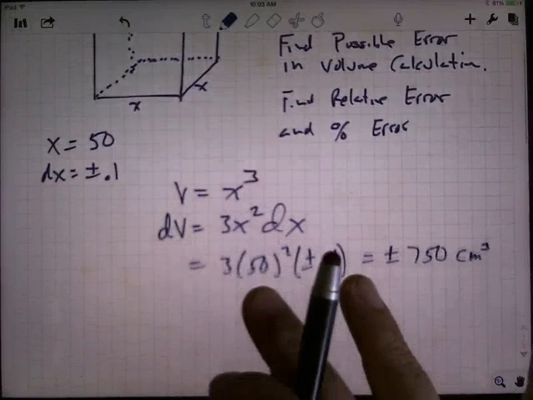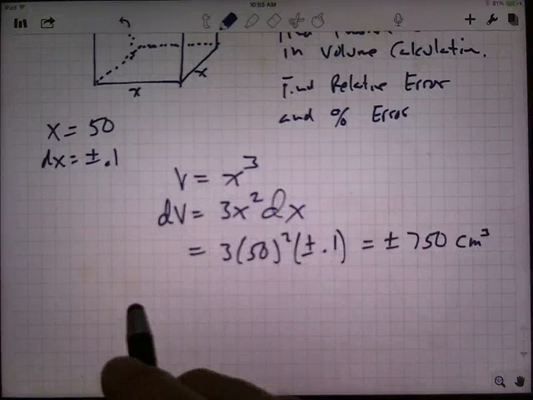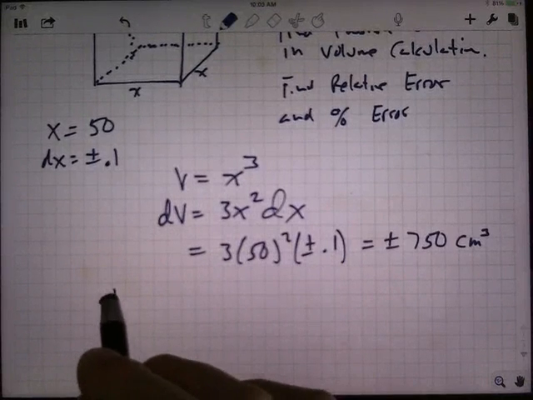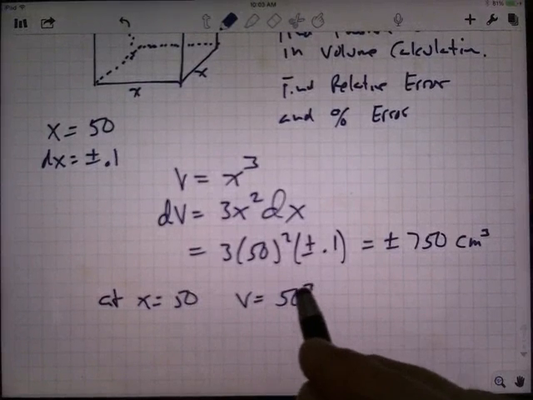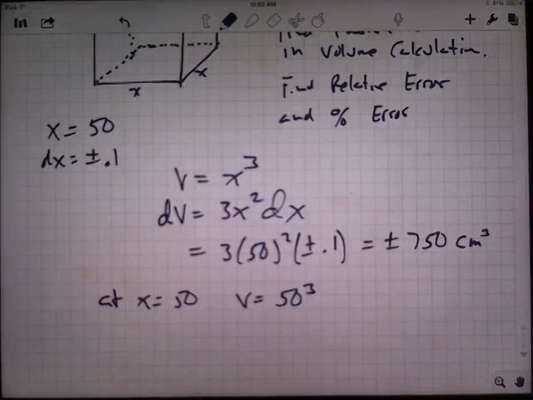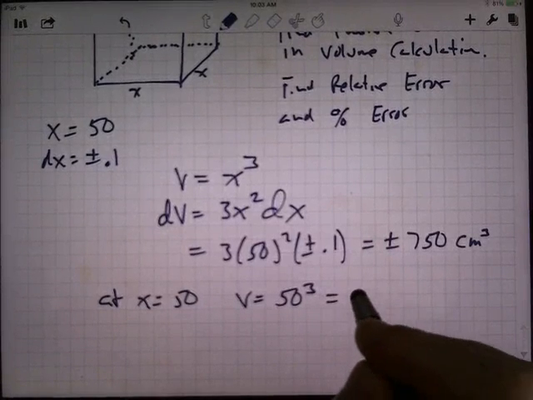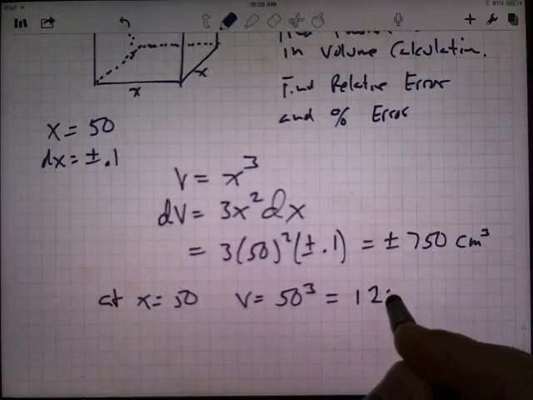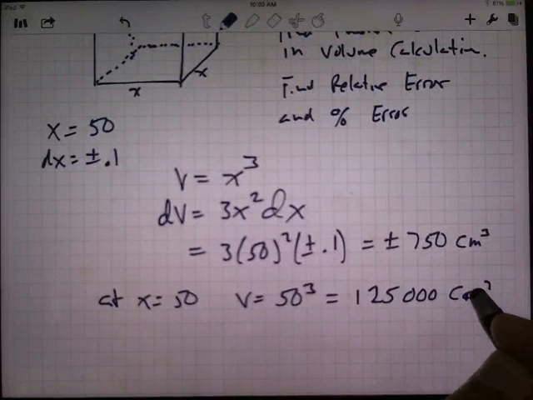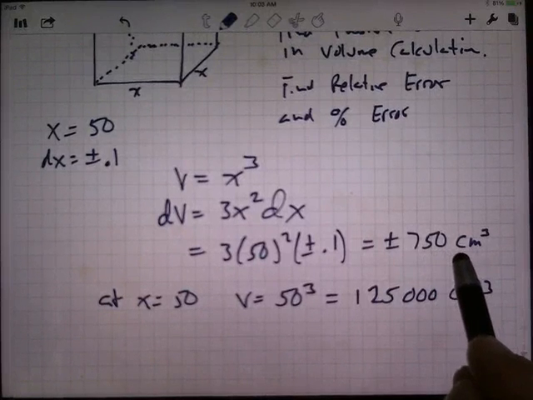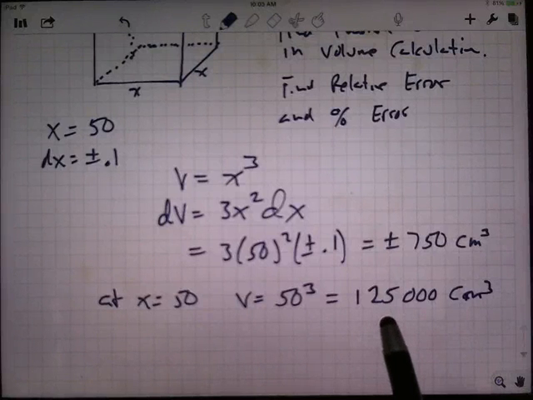Now notice that if I plug in x equals 50, the volume is 50 cubed, and that's a fairly big number. If I type it into my calculator, 50 cubed is actually equal to 125,000 cubic centimeters. So although 750 cubic centimeters may seem like a fairly big error, out of 125,000 it's not that big.